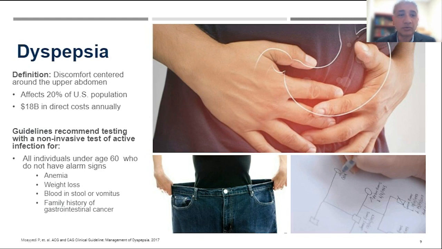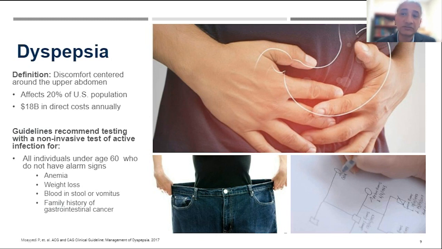Now, the individuals who should get H. pylori as the first-line test for the management of dyspepsia are individuals who are younger than age 60 and who do not have alarm signs. Alarm signs are signs that raise concern for possible concurrent cancer. So alarm signs are anemia, weight loss, vomiting, a family history of gastrointestinal cancer.